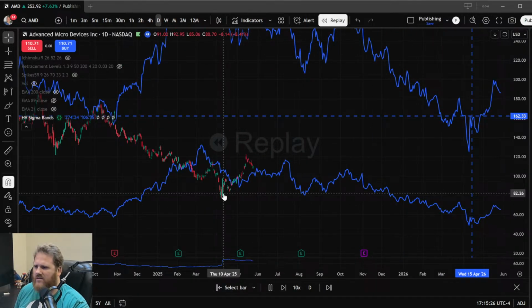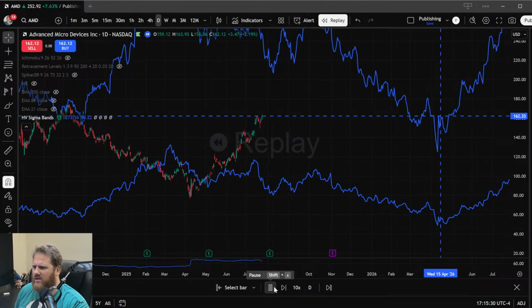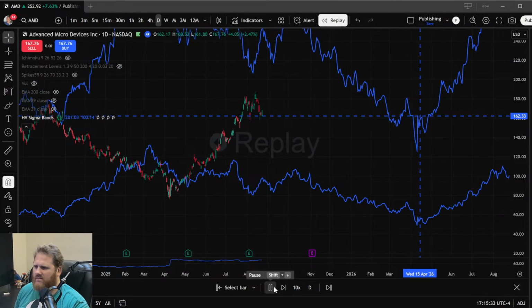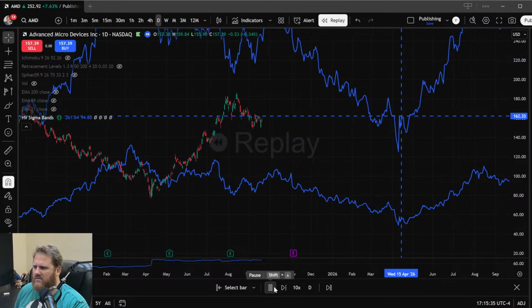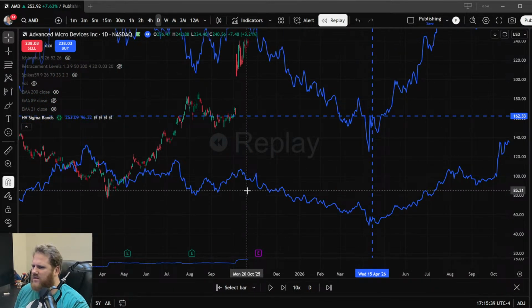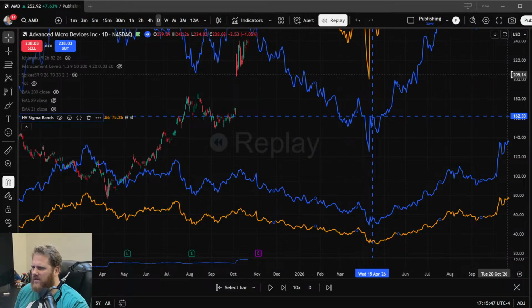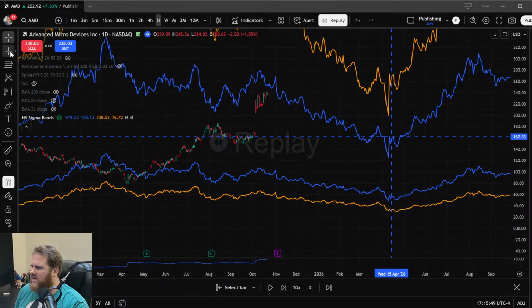So basically a 2x trade. We probably want to hold AMD longer. Pretty fair. And I wonder where that second standard deviation is. That would have been about right here.